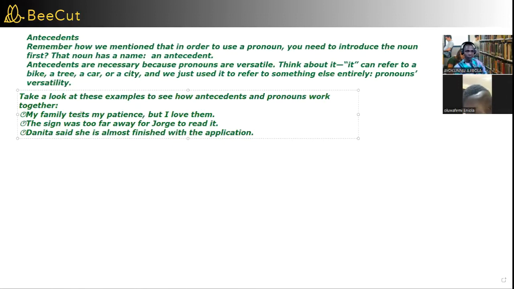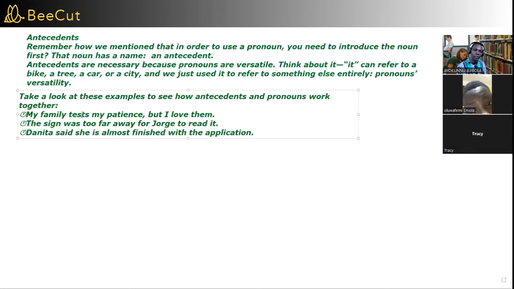Now, can you look for the antecedents in these sentences? Yes, sir. What's the antecedent in the first sentence? My family. What about the second one? The sign. Then what about the third one? Janita.